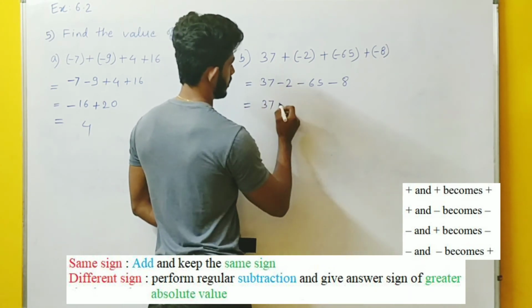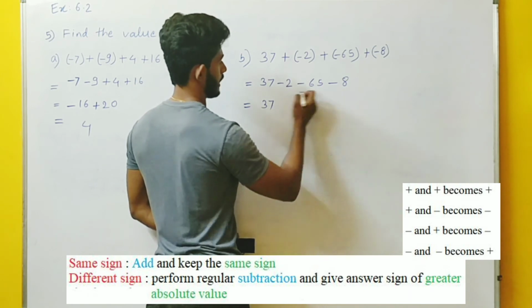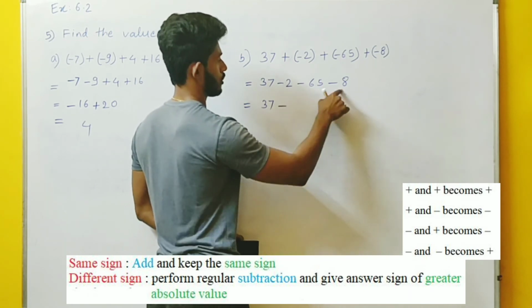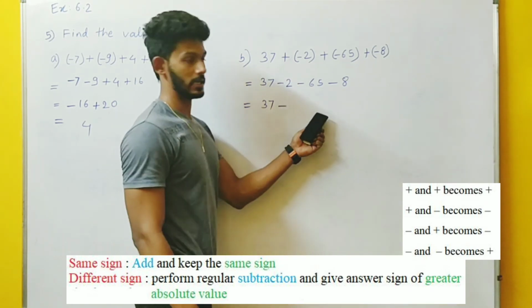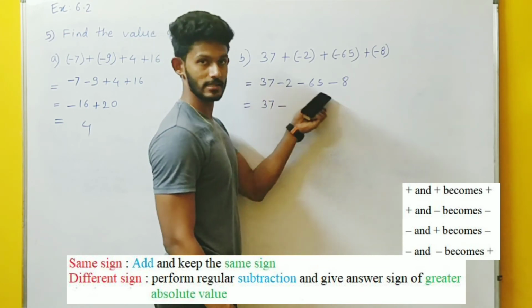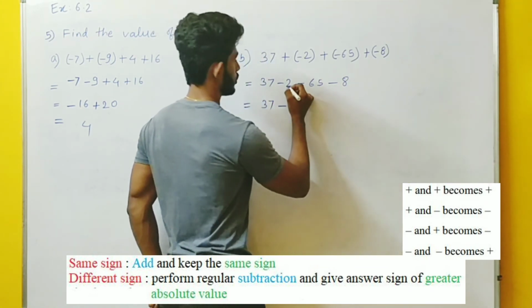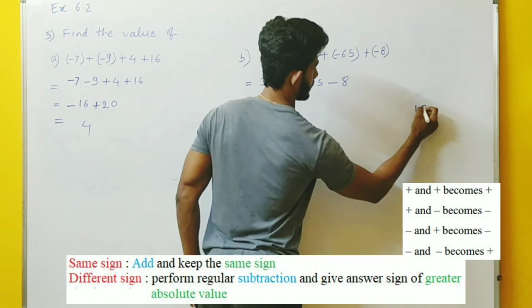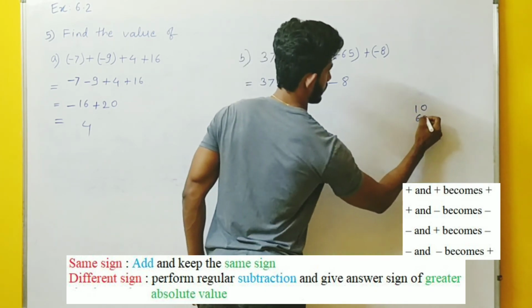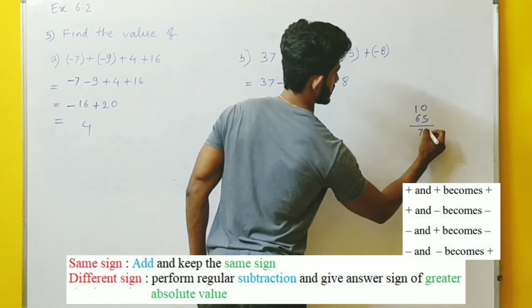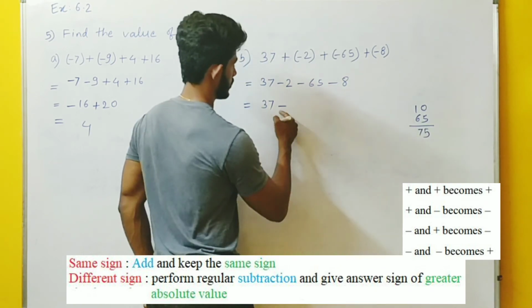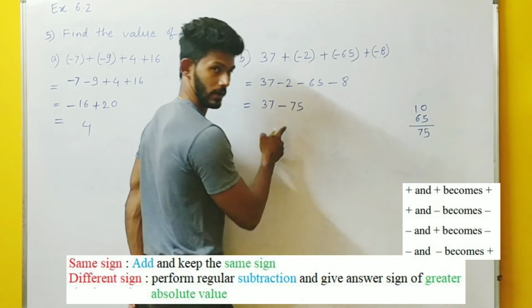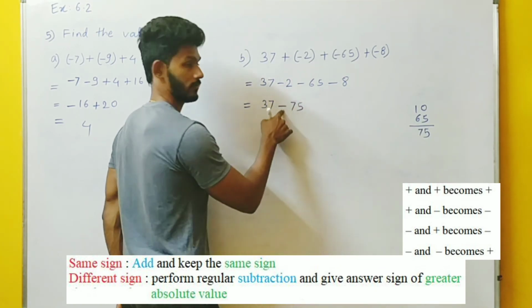Now the answer of this addition will be negative because all the numbers are having the same sign. So we are going to add these numbers. So 2 plus 8 will be 10, plus this 65. The answer will be 75. So it will be minus 75 because same sign, we are going to keep it over here.